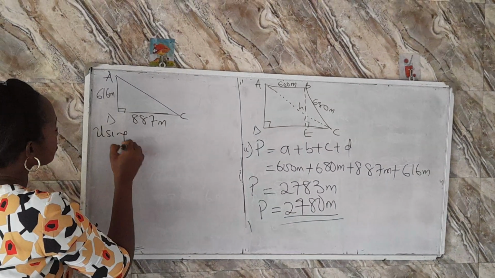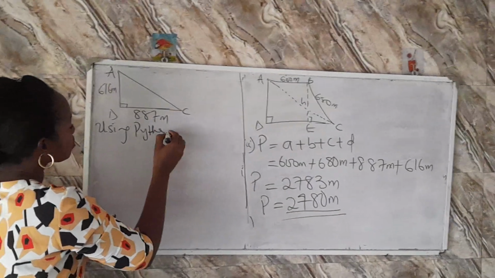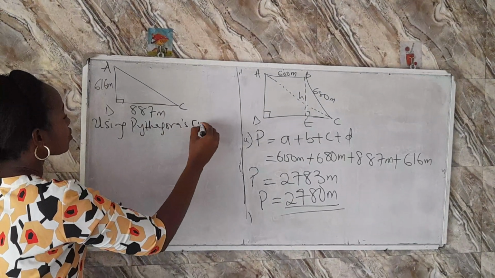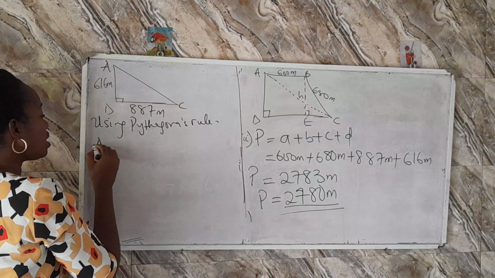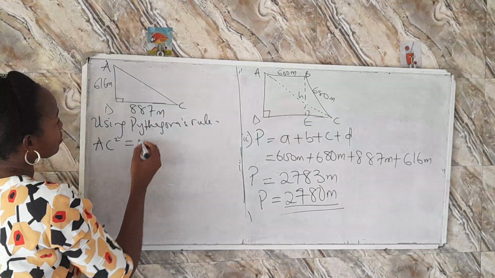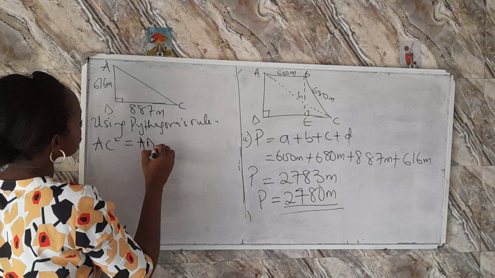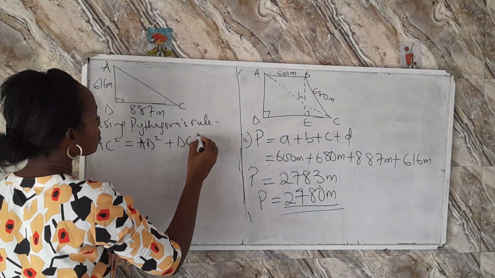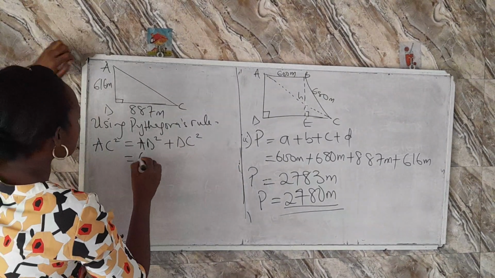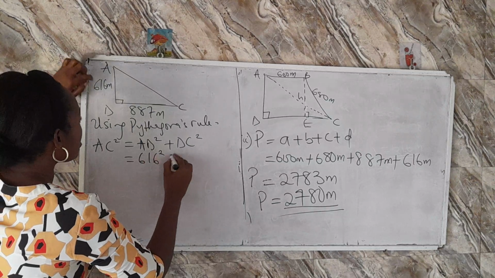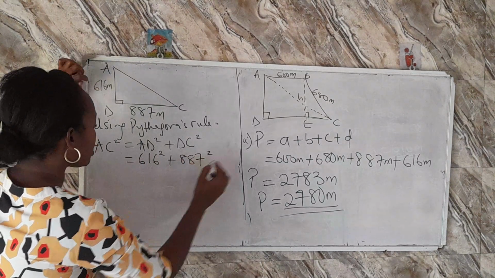So meaning we are using Pythagoras rule, which states that AC squared will be AD squared plus DC squared. So this will be 616 squared plus 887 squared.